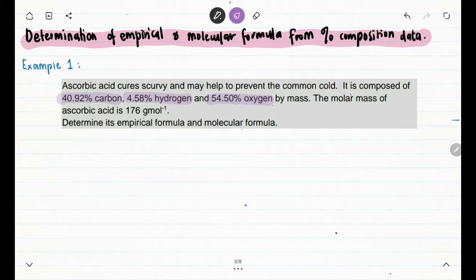So we know that ascorbic acid contains the elements carbon, hydrogen and oxygen with these percentages. We need to calculate the empirical formula first.